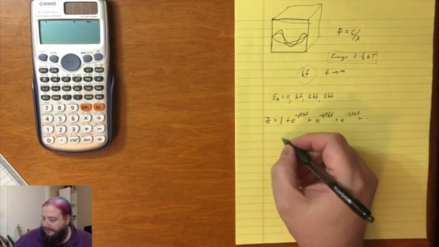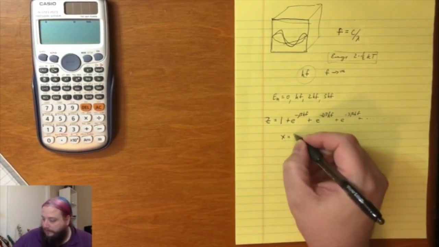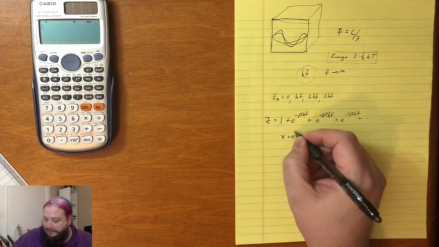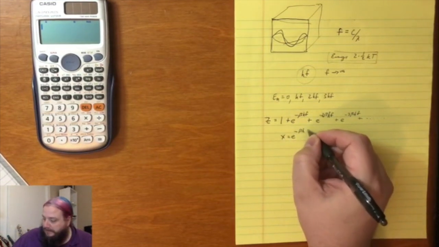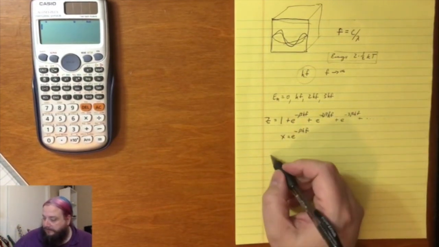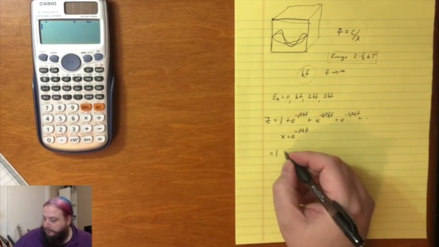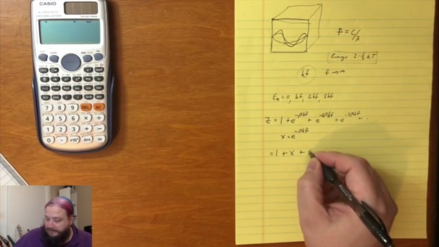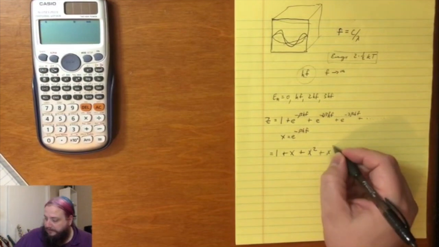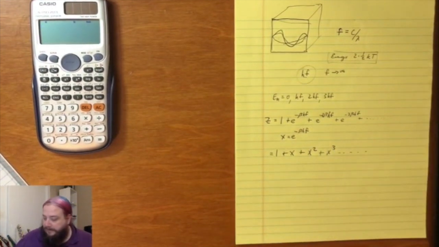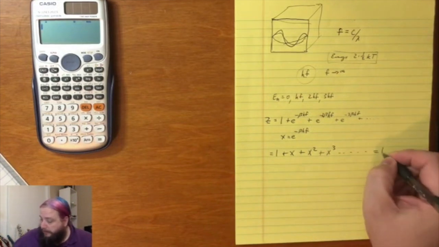If we let x equal e to the minus beta hf, then this series is just 1 plus x plus x squared plus x cubed, which has the solution, if you let it go to infinity, of 1 over 1 minus x.